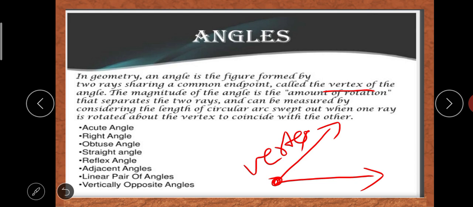Now one side remains as it is and the second arm extends more or less, and on that basis we form the angles: acute angle, right angle, obtuse angle, straight angle, reflex angle, and then their types: adjacent angle, linear pair of angles, vertically opposite angles. So we will study them one by one.